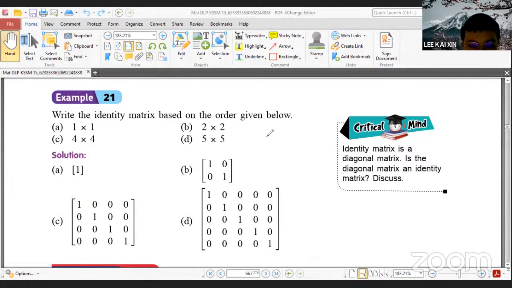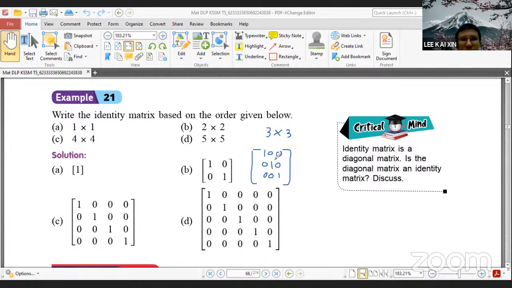Okay, for example, I do one more: the 3 times 3 identity matrix. The identity matrix for a 3 times 3 matrix would be 1, 0, 0; 0, 1, 0; 0, 0, 1.